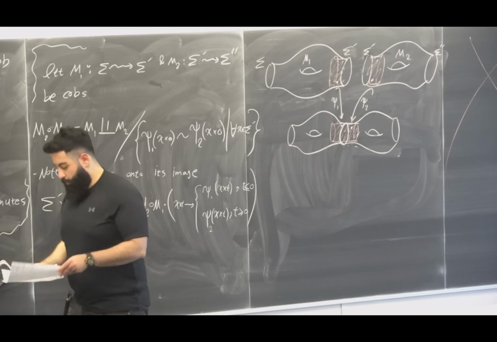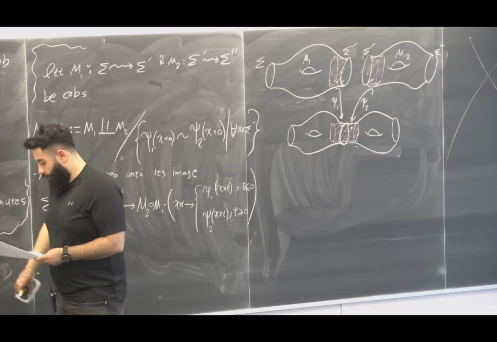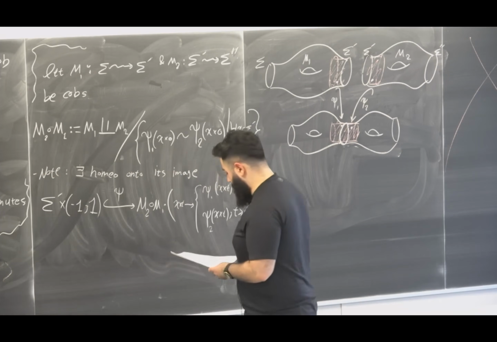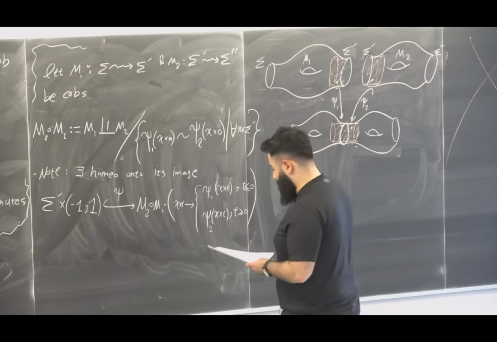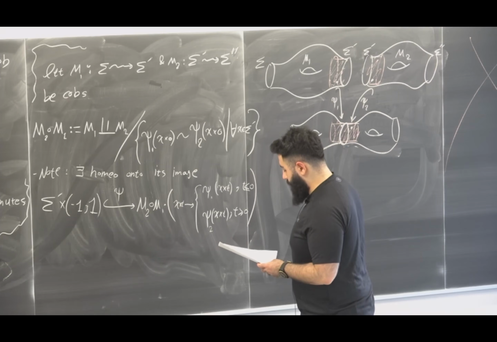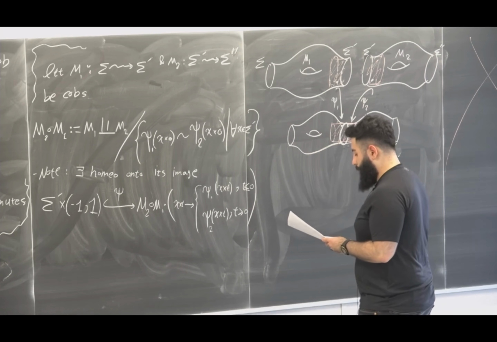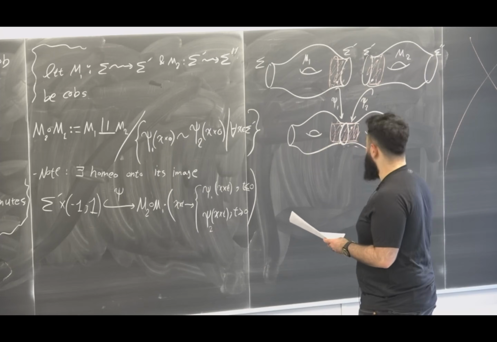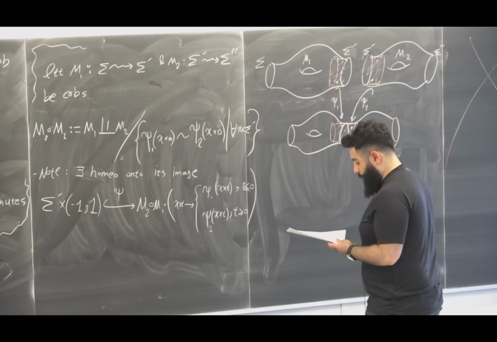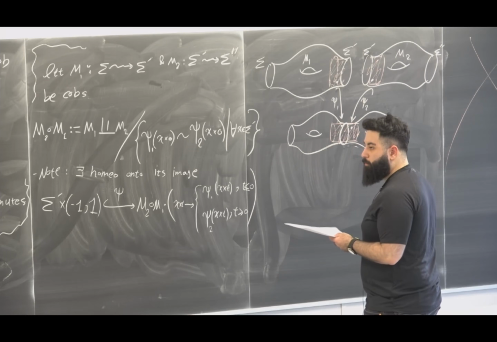I should maybe skip this. Let's see. We define the smooth structure on the composition of M2 and M1 by taking the maximal atlas containing charts for M1 set subtract sigma prime, M2 set subtract sigma prime, and sigma prime cross the open interval. So the entire point of choosing the colored neighborhoods is that we get a smooth structure.